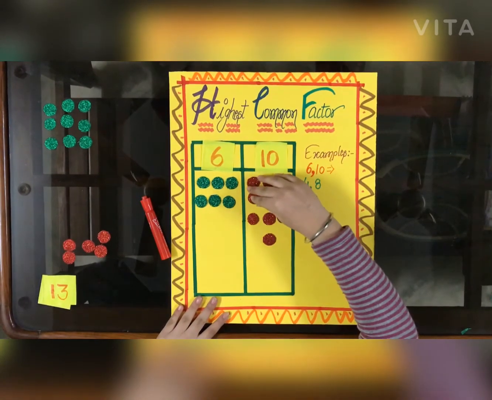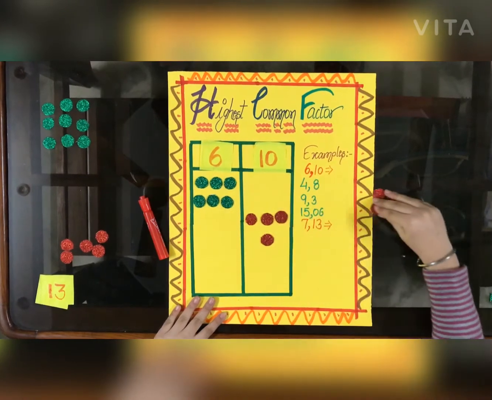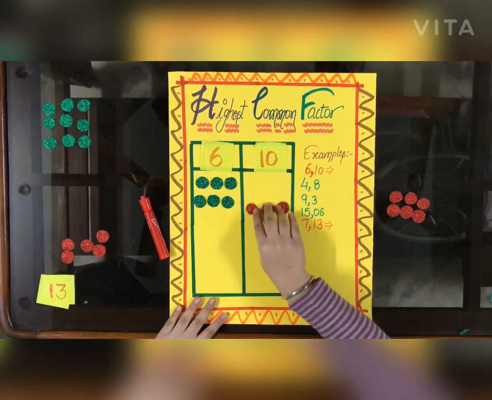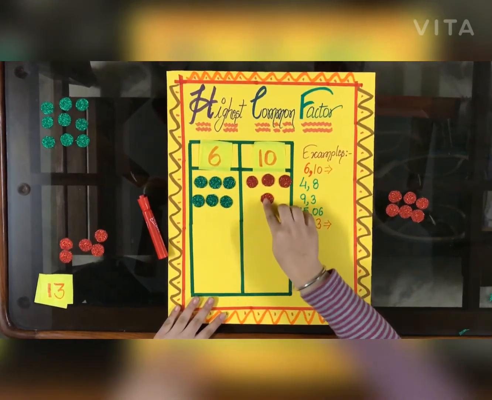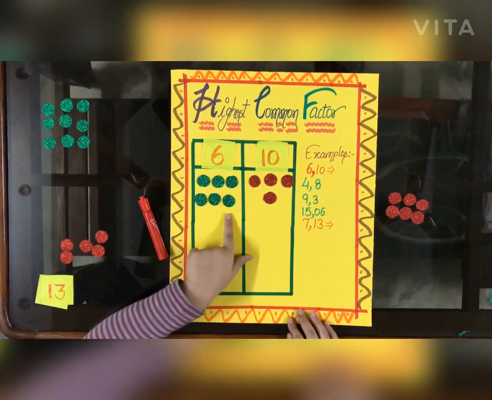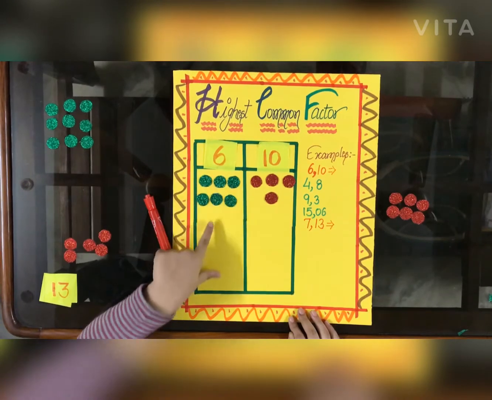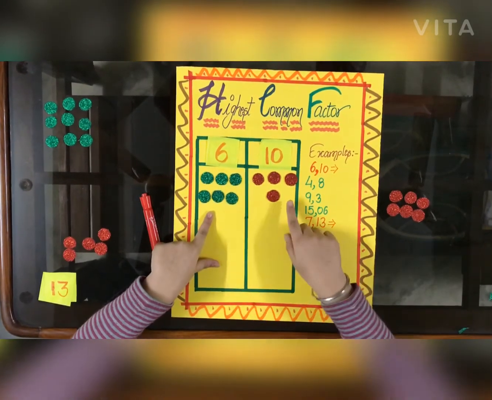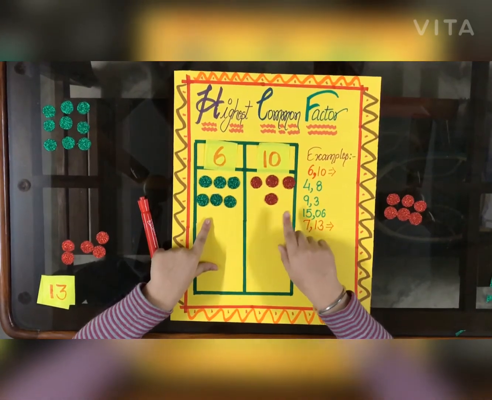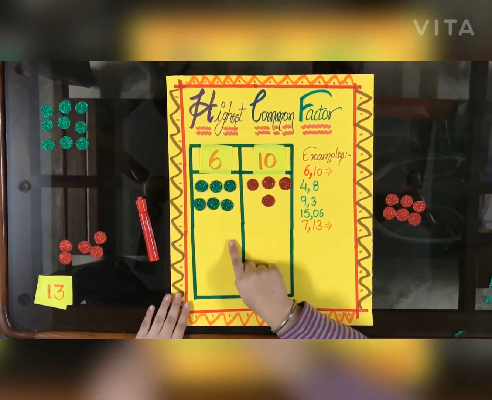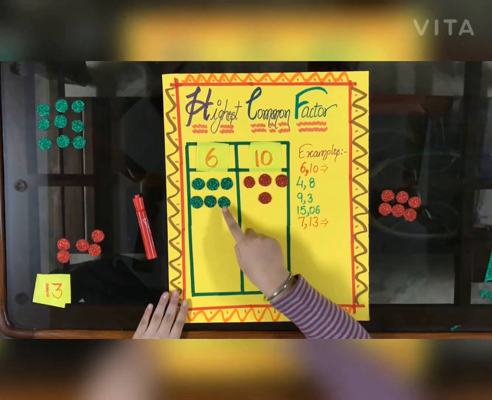We will take out 6 from number 10 and we will set these coins. Now there are 6 coins on this side and 4 coins on this side. We will take out 4 from this side. 1, 2, 3 and 4.